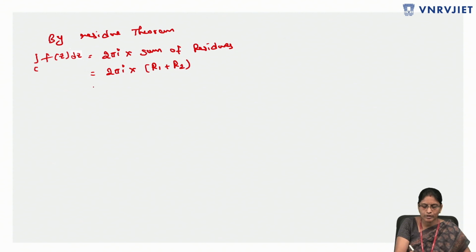Here we get two residues. 2 pi i into (R1 is the first residue, which is 2, and the second residue is minus 1). 2 pi i into 1, that is equal to 2 pi i.